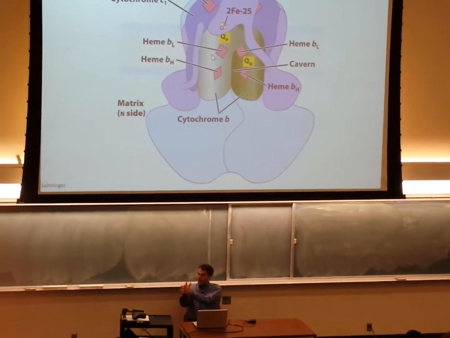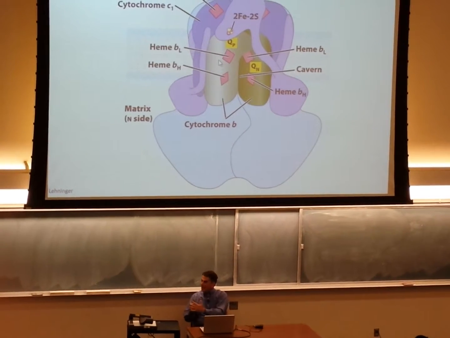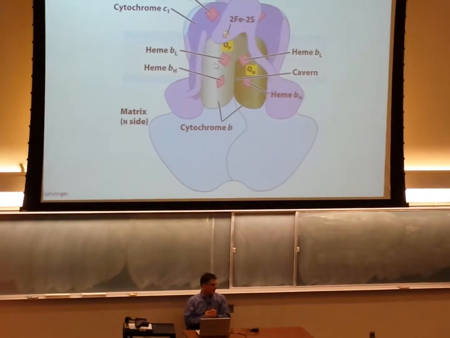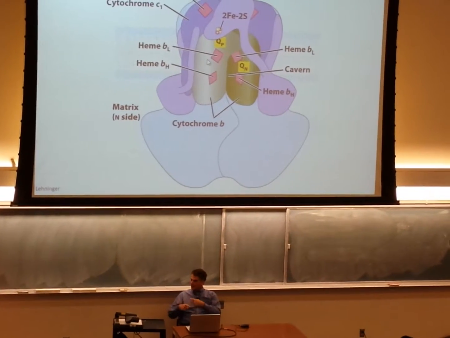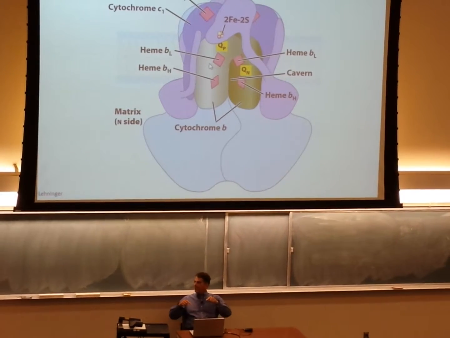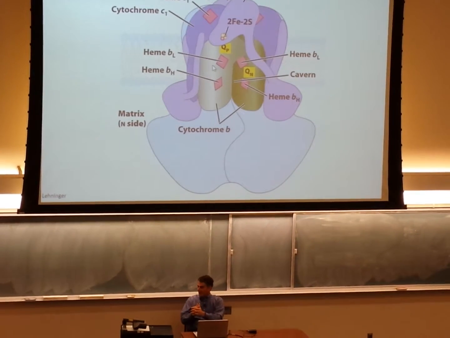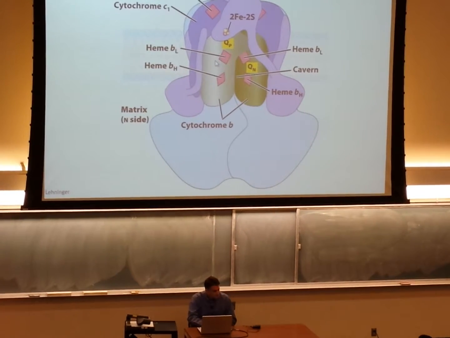So not only are the halves coming from each other, but the parts inside the cavern are coming from each other. Is that clear? So you've got that Q cycle in each cavern participating with QP and QN from each protomer. All right? So now I feel clear.